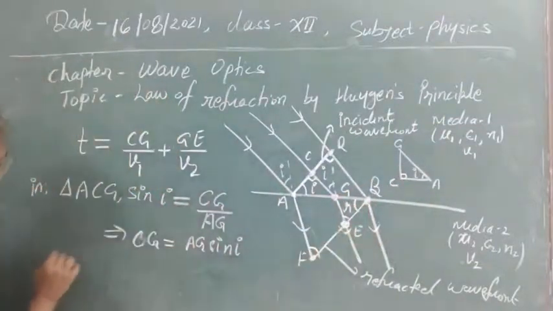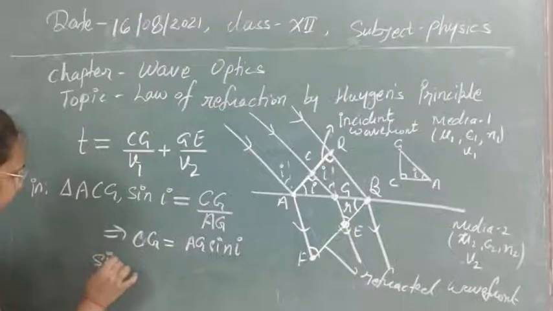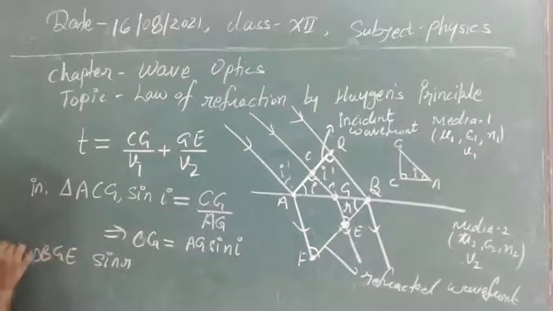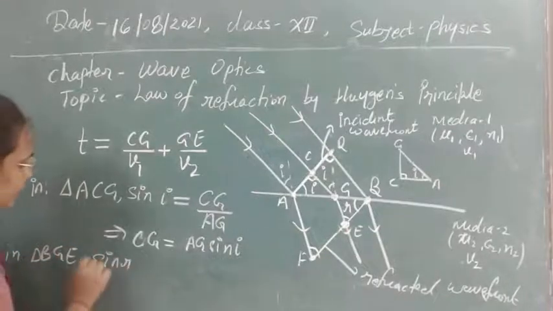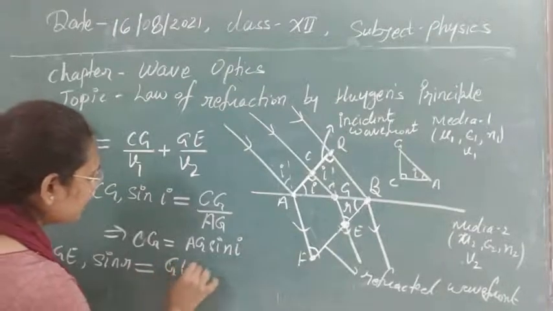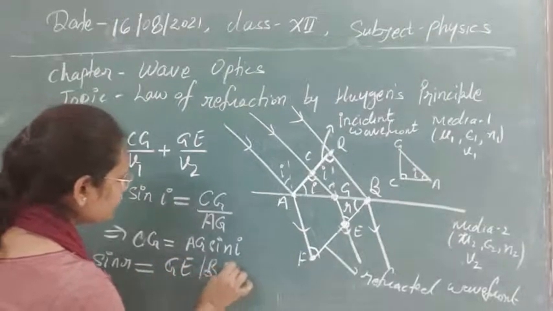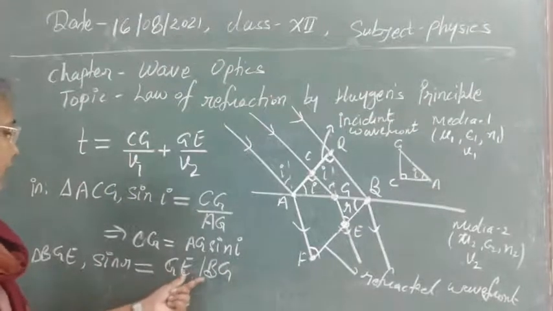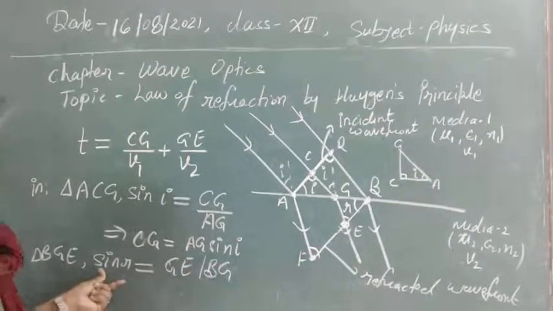So in triangle BZE we can write sine r is equal to ZE upon BZ. So from here you can calculate the value of ZE, which will be equal to BZ sine of r.